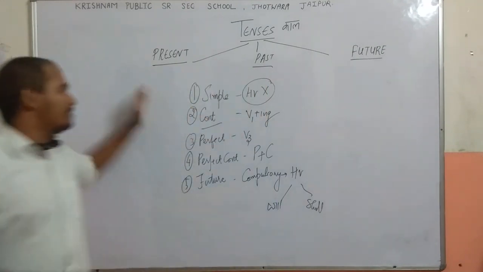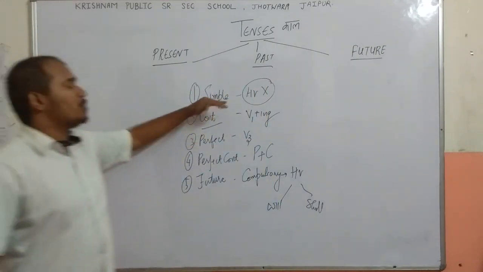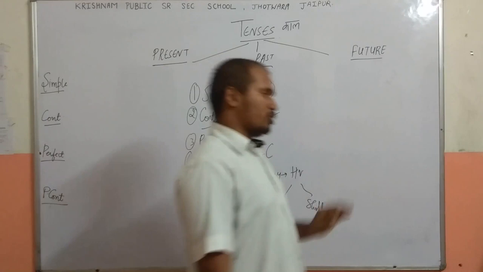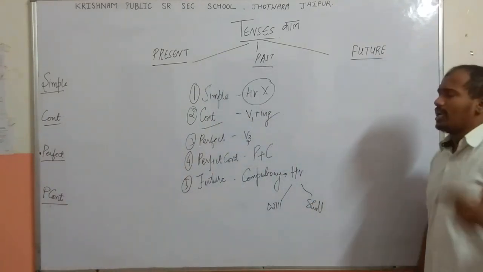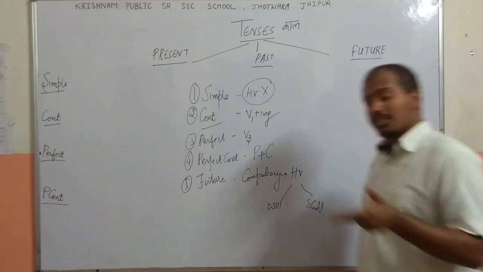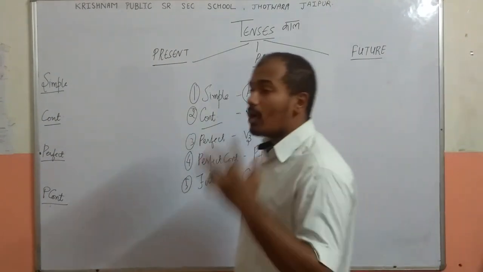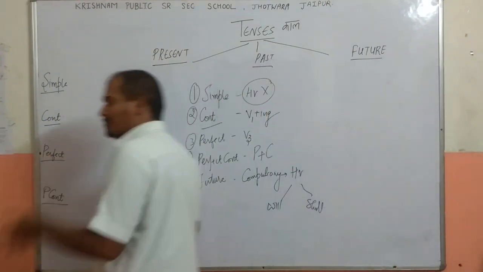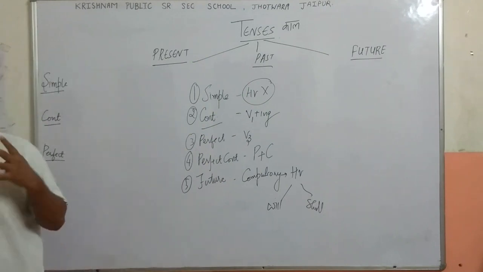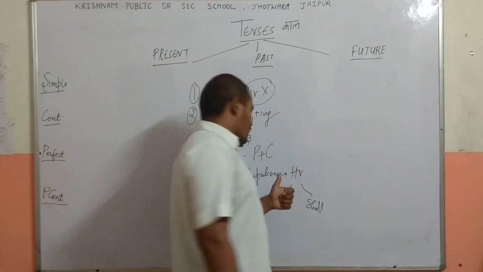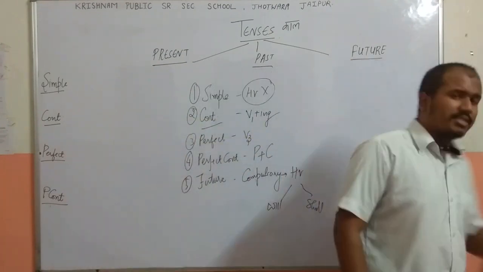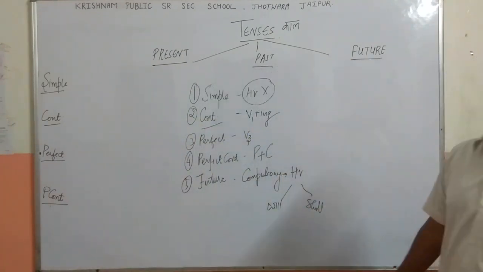Okay, I repeat all the 5 rules for you. Wherever you have simple, you are not supposed to use a helping verb. Wherever you have continuous, use verb's first form plus ing. Wherever you have perfect, use verb's third form. Wherever you have perfect continuous, use perfect plus continuous. Wherever you have future, compulsorily use will and shall.